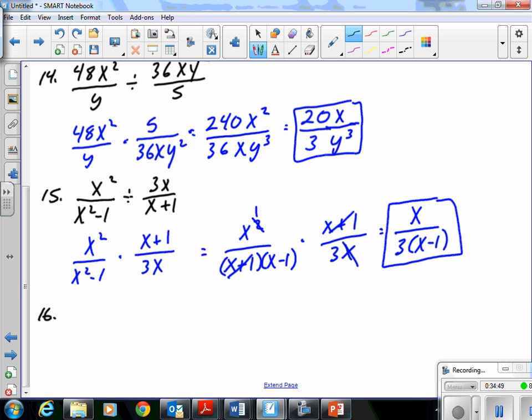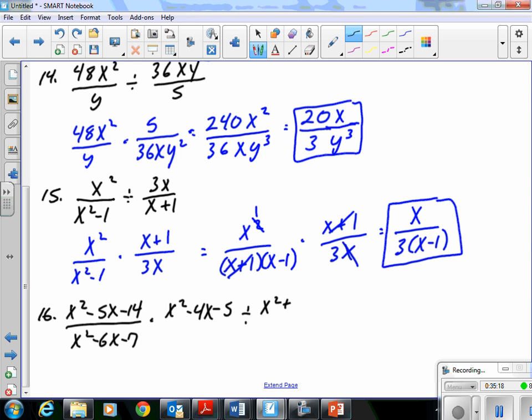All right, number 16. It's a multi-step. x squared minus 5x minus 14 over x squared minus 6x minus 7 times x squared minus 4x minus 5 divided by x squared plus x minus 30 over 2.